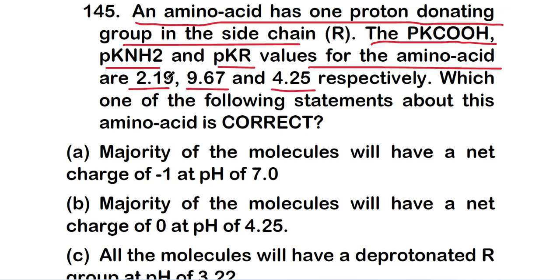So 2.19 is for the acid, that is COOH, and 9.67 is the pK value for the NH2 group, and 4.25 is the pKr value, that is the zwitterionic form or isoelectric form where net charge is 0.